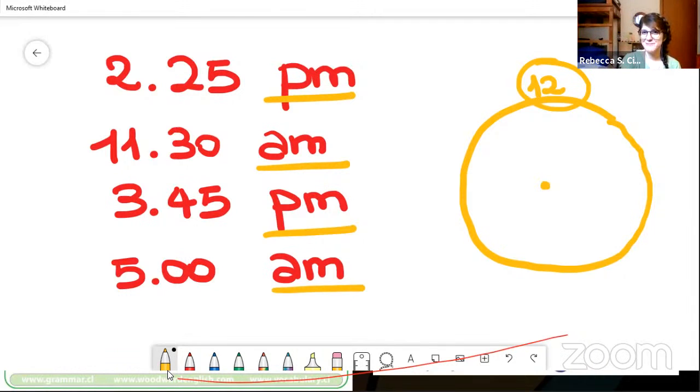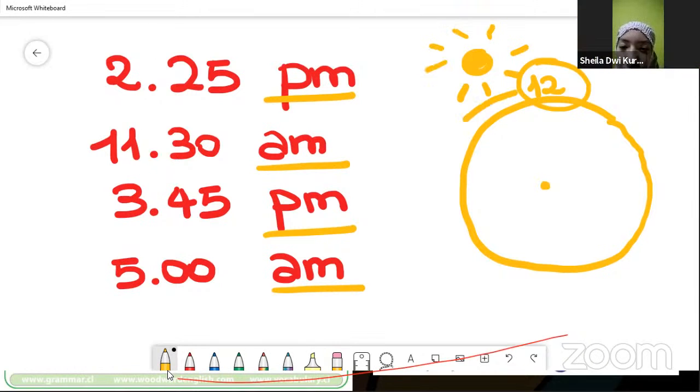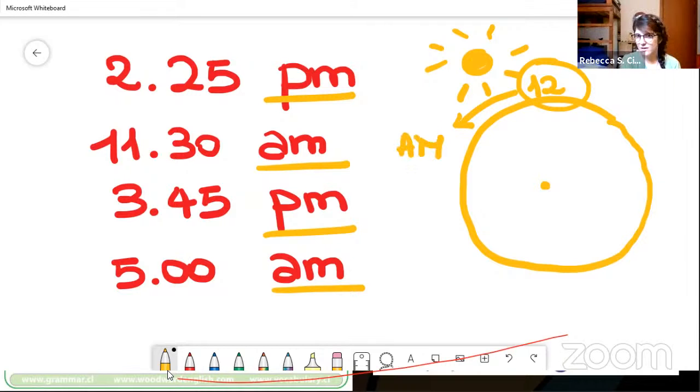All right, just imagine sun or something. Okay, so everything that comes before that time is AM, and everything that comes after is PM.